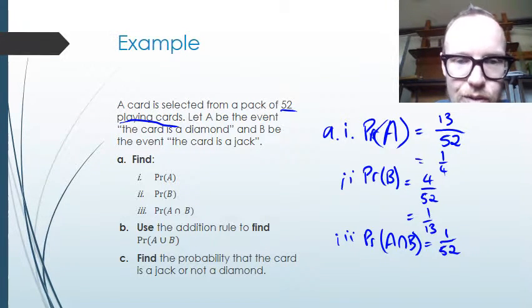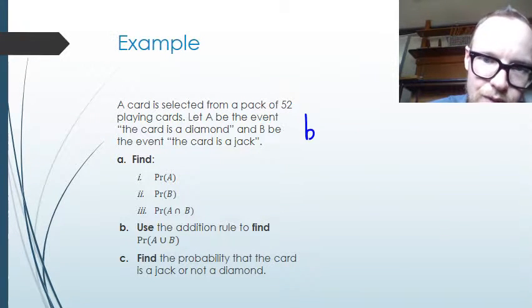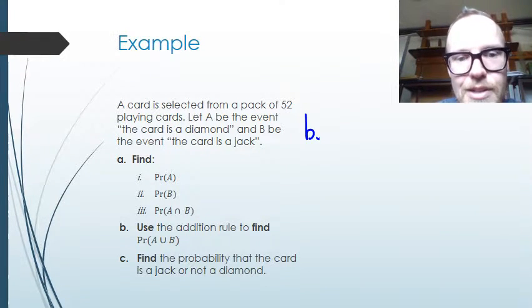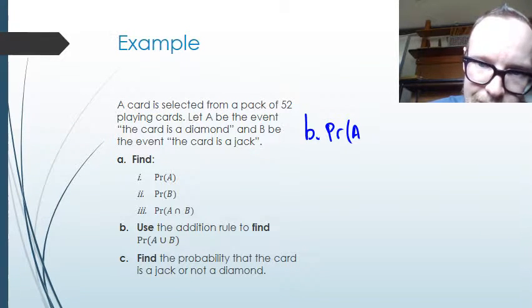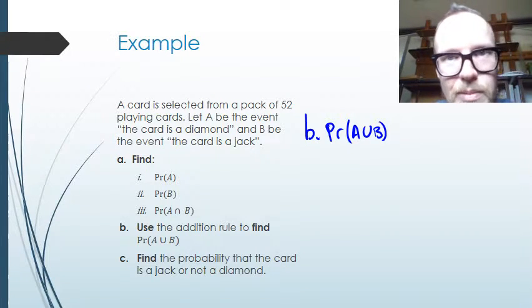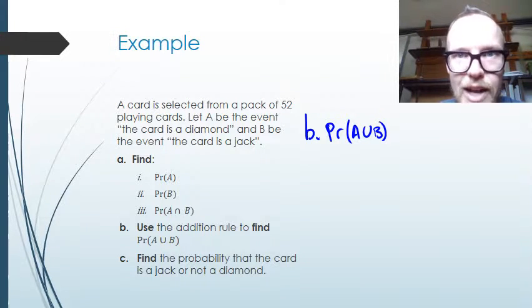Now we're going to use the addition rule to answer part B, which says to find the probability of A union B. This is the probability of it being a diamond or a jack.